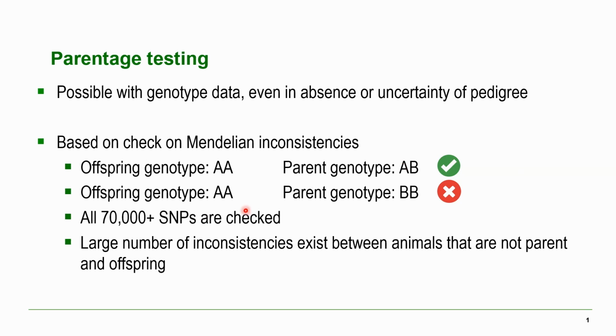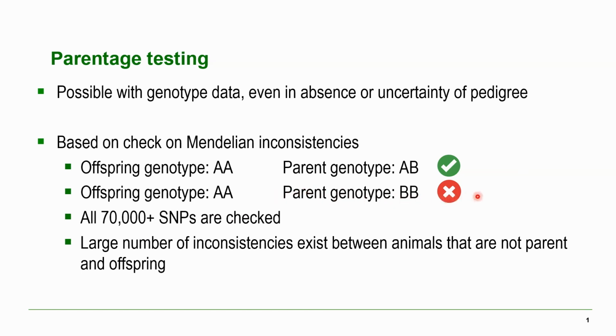But if the offspring genotype is AA and the supposed parent genotype for the same SNP is BB, this is not possible because one of the B's should have been inherited by the offspring. So this is an inconsistency that is not possible according to the Mendelian rules.